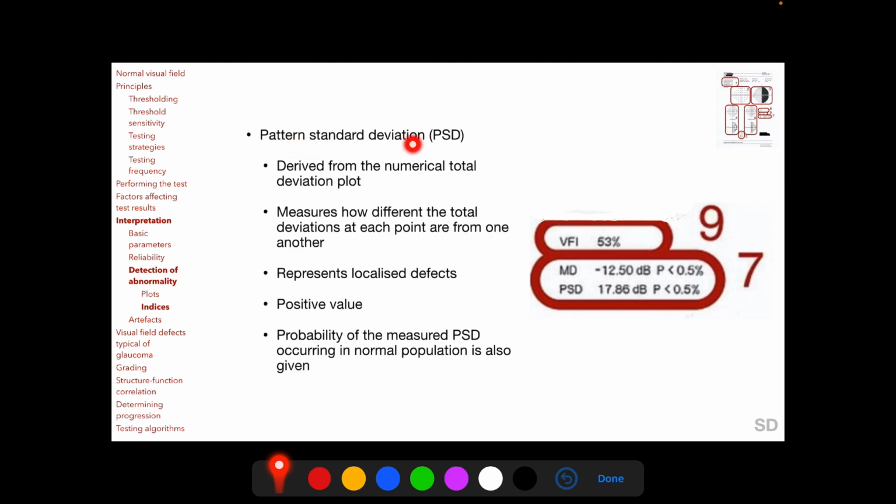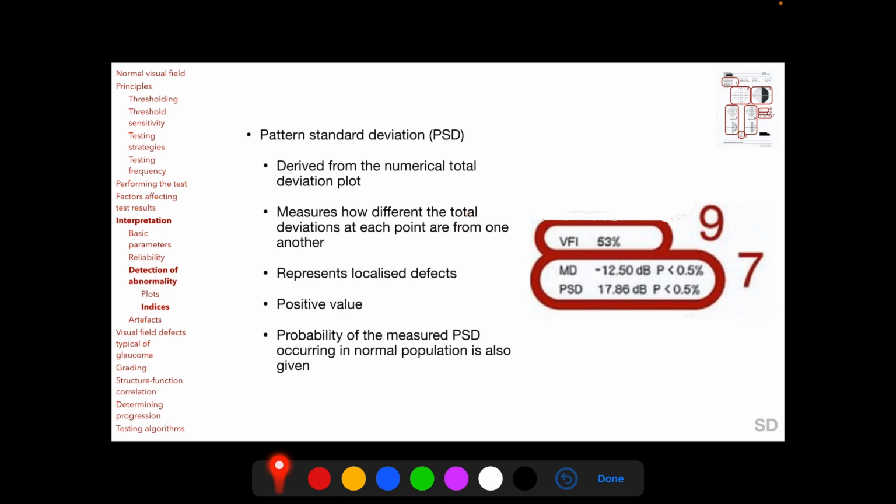Pattern standard deviation is also an important index, and it is derived from the numerical total deviation plot. So we note here pattern standard deviation is not derived from the pattern deviation plot. The pattern standard deviation measures how different the total deviations at each point are from one another.